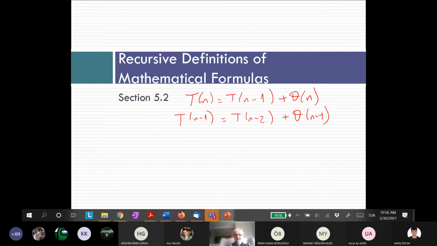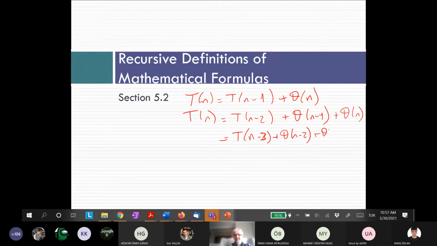So in another way, saying T(n) is T(n minus 2) plus theta n minus 1 plus theta n. And when you open up T(n minus 2), it is T(n minus 3) plus theta n minus 2 plus theta n minus 1 plus theta n.